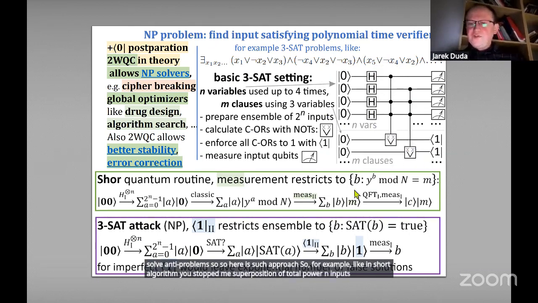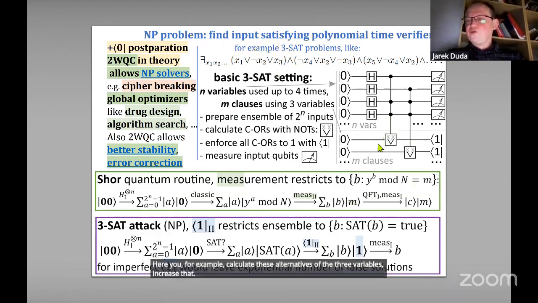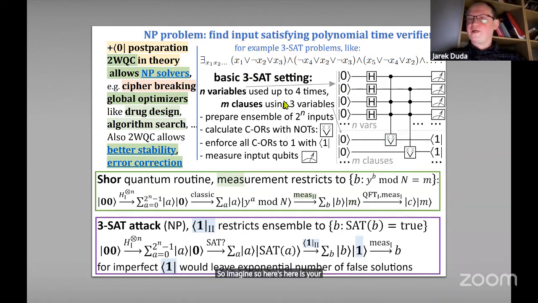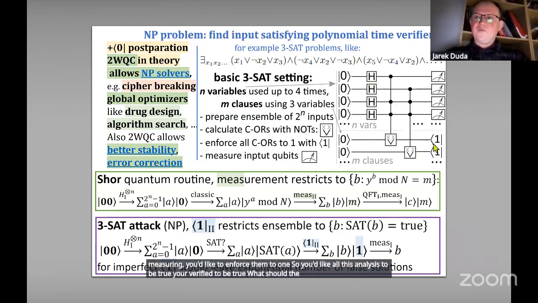Then, instead of Shor's step, you calculate these values, and here you calculate, for example, these alternatives of three variables in 3-SAT. So imagine, here is your NP verifier, like 3-SAT alternatives, and now instead of measuring, you'd like to enforce them to be one. You'd like all these alternatives to be true, or your verifier to be true. That should restrict your ensemble to only satisfying this NP problem. So you just measure them, and you should get the solution to your NP problem.